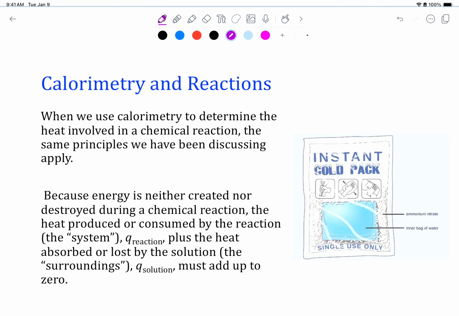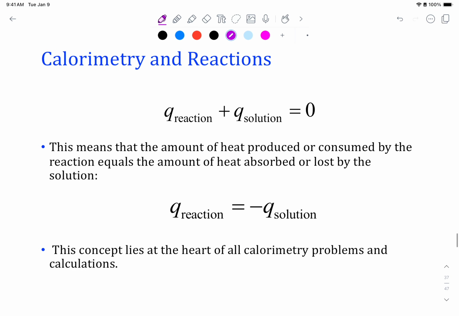So because of the law of conservation of energy, when we're doing a chemical reaction, the heat that is produced by the reaction or the system has to be equal but opposite to the heat that is lost by the solution or gained by the solution. So they have to be equal but opposite to each other. So I have a little better picture of what I'm saying here, where the Q of the reaction, let's do red.